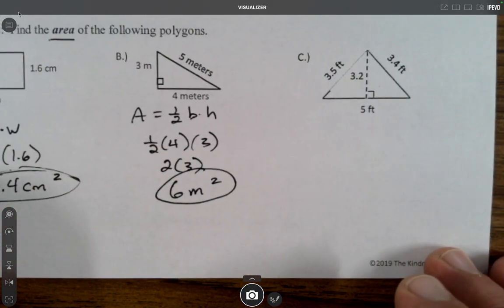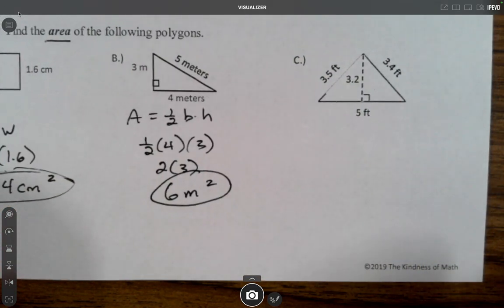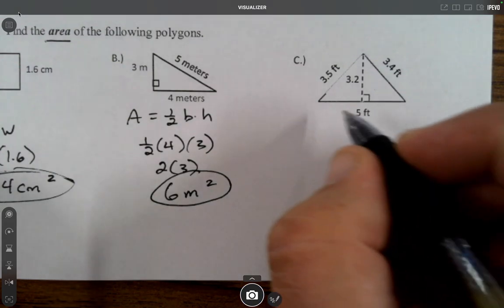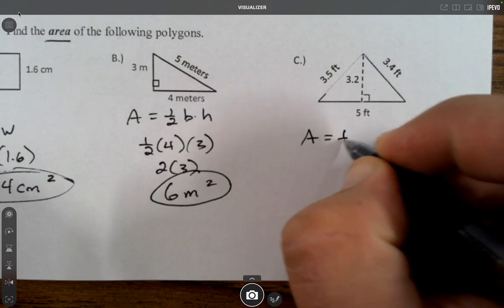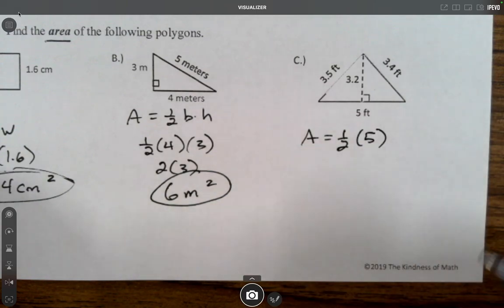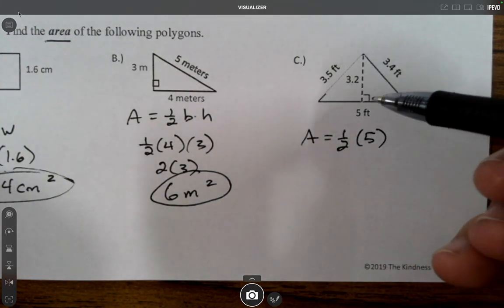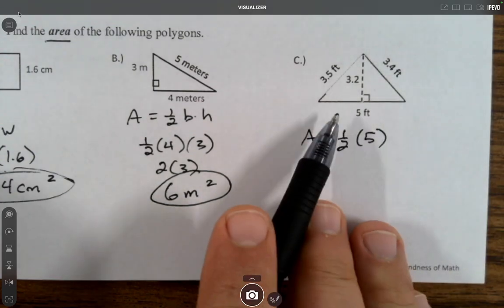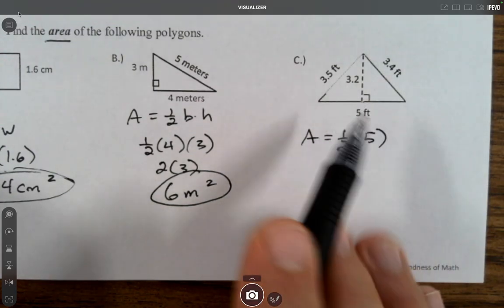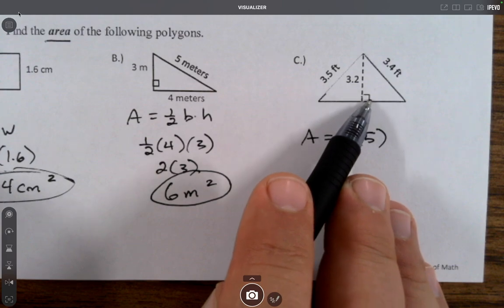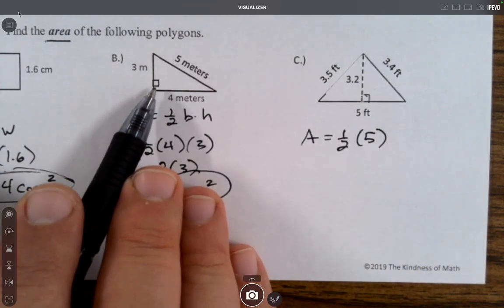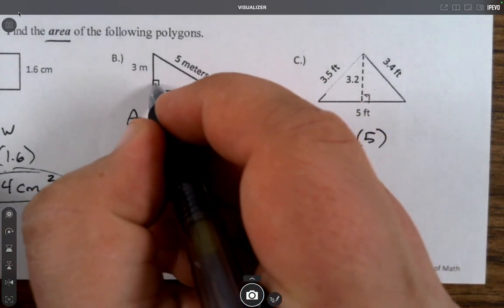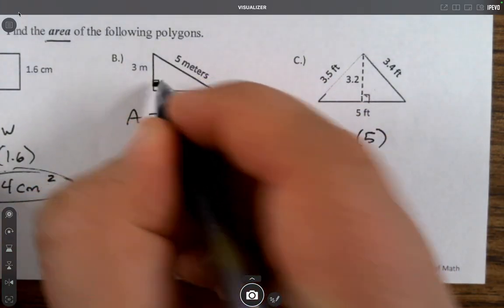Same formula over here. Now you have to be careful that you recognize which piece is which. The base, like I said, you can think of as the bottom. So put a 5 right there. The height is the distance from the bottom to the top. They will always form a right angle. That's what that little sign means. I think you know that already. But that means that's a right angle. If you look back here, they didn't get it in a good spot, but it should be more like this.